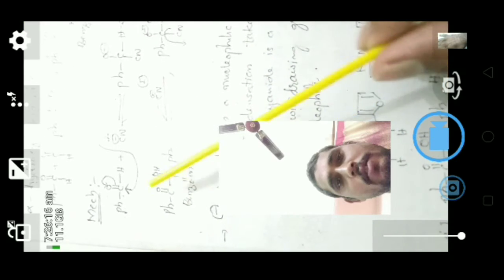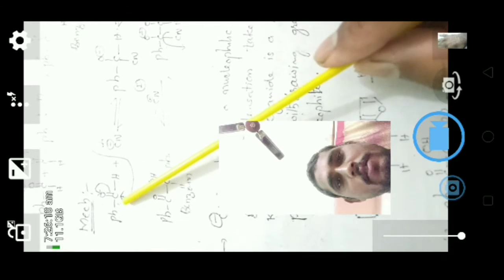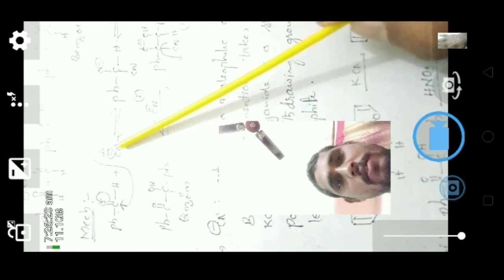Once again I am explaining here. One molecule of benzaldehyde, when you react it with cyanide ion, gives an alkoxide ion, and here the proton shifting takes place from this carbon to oxygen, and the carbanion is obtained. This carbanion can attack another molecule of benzaldehyde to give a hydroxy alkoxide ion.